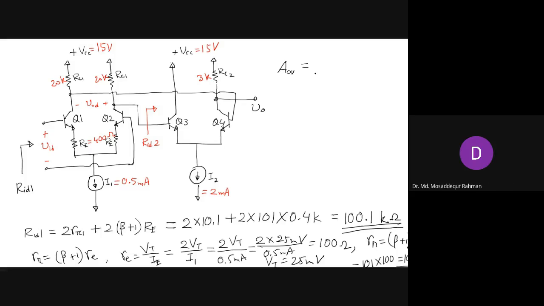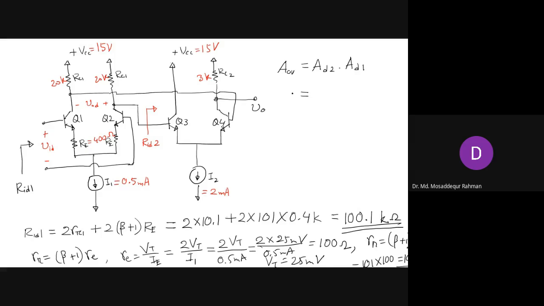Now, what's the gain that we can get here? The gain is the product of the gain of the two stages, that 82 and 81.